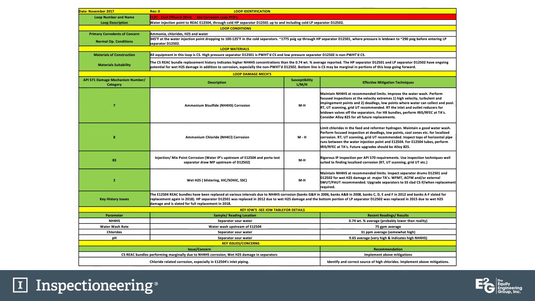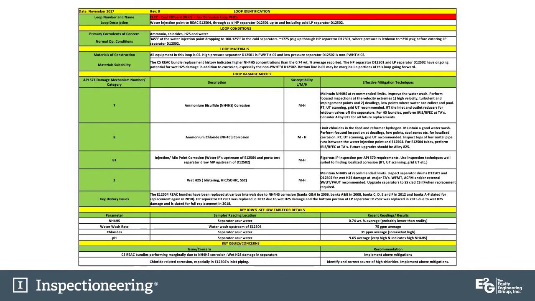And then in this middle section of the table is a listing of the key damage mechanisms of concern and a qualitative assessment of the risk of that damage occurring. So you can see that this loop has medium-high risk of ammonium bisulfite, ammonium chloride, injection point, and wet H2S damage. And in fact, their history has shown this to be true.